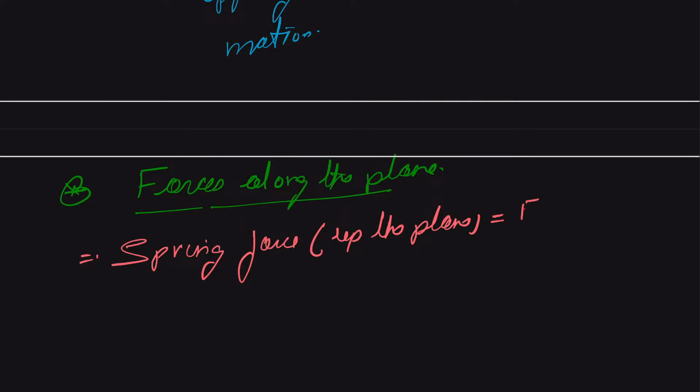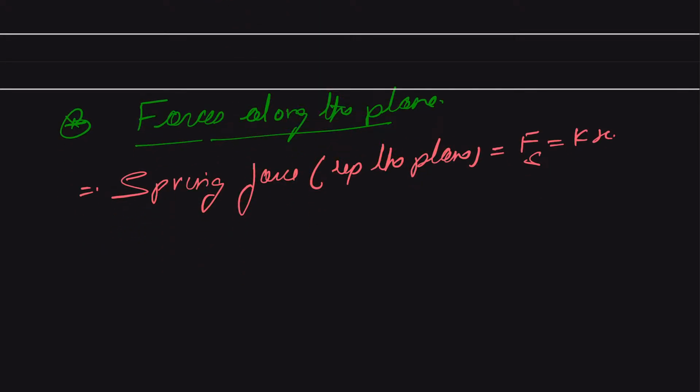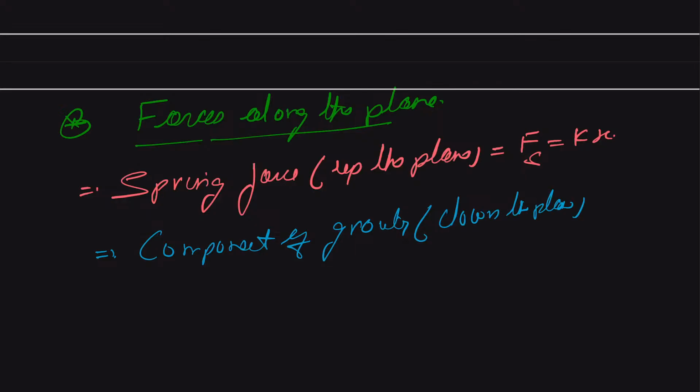And that is Fs equal to k times x, where x is the compression length of the spring. Now we come to the component of gravity, that will be down the plane, and let us call this Fg.